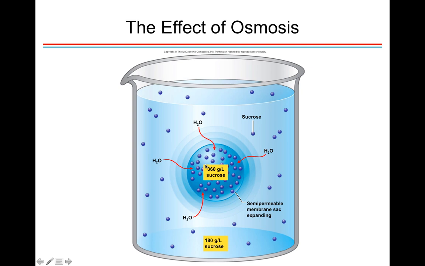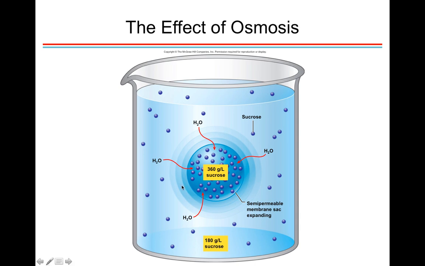And after osmosis occurs, where the balloon is going to grow in size by bringing water in, and the water volume inside the beaker is going to reduce, right, as the water has moved onto the balloon.